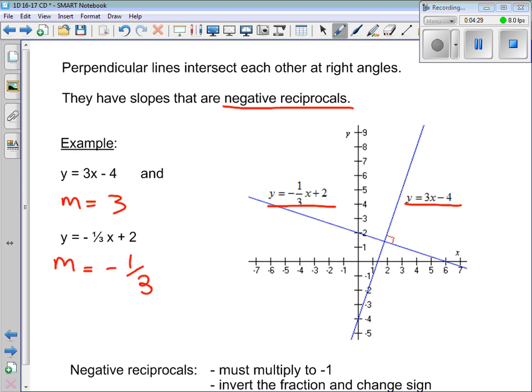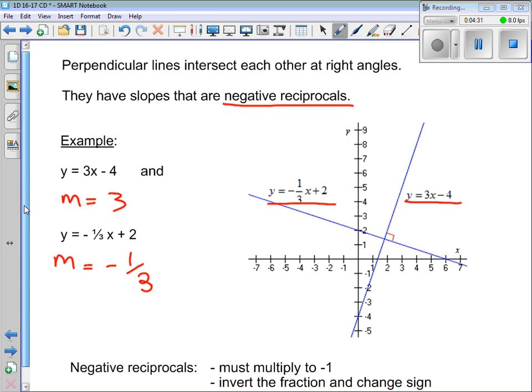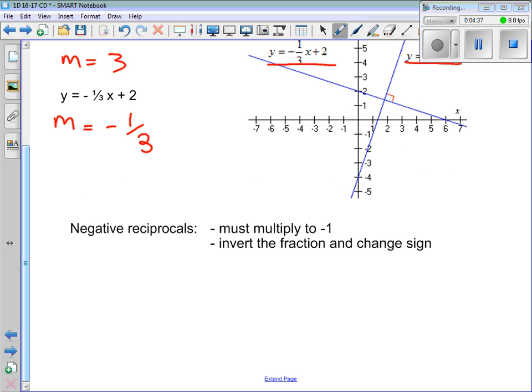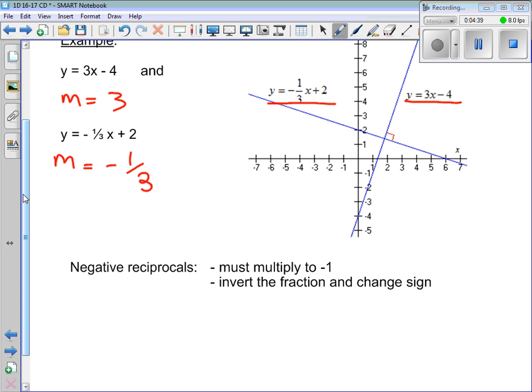How do we know that these two numbers, these two slopes, are negative reciprocals? Two things. There are two ways of telling. Number one, negative reciprocals always multiply to negative 1. So if I take my 3 and I multiply it by negative 1/3, remember, think of this as 3 over 1, I get negative 3 over 3 equals negative 1.